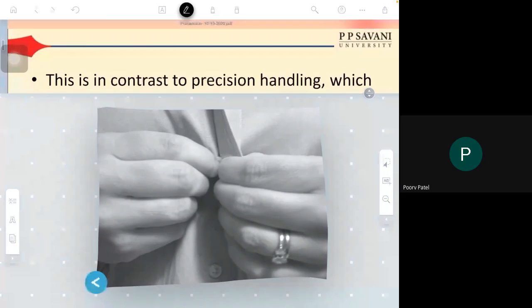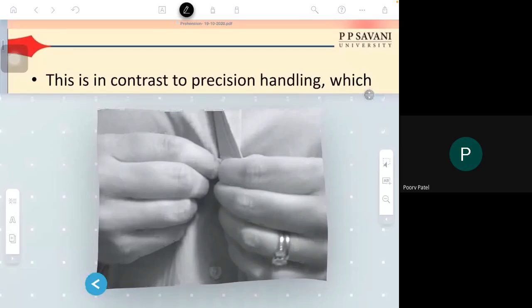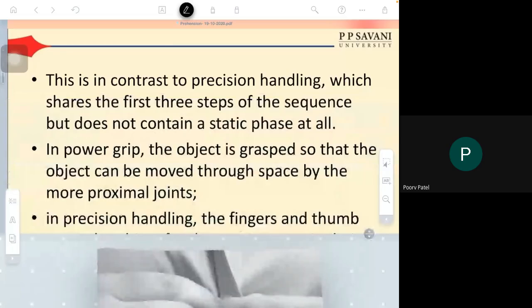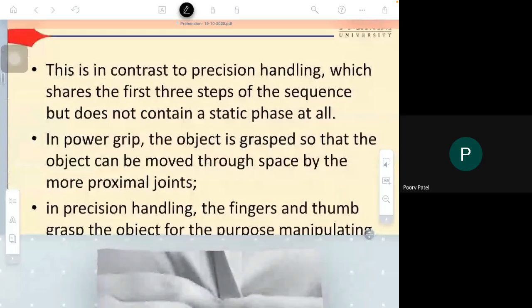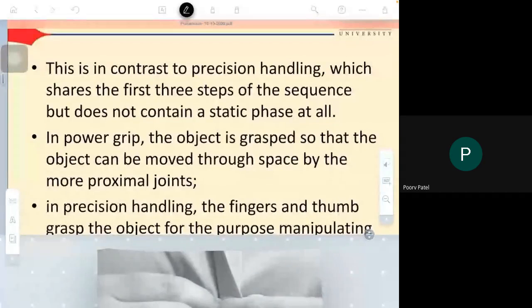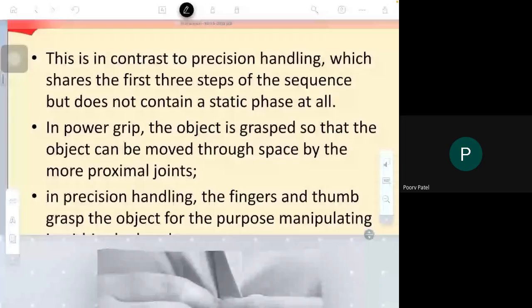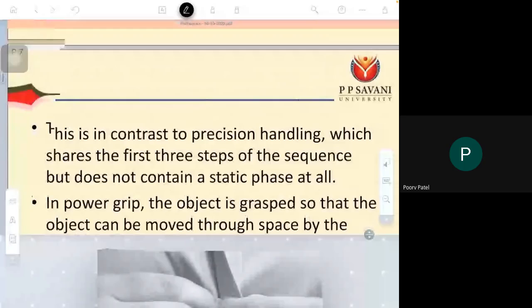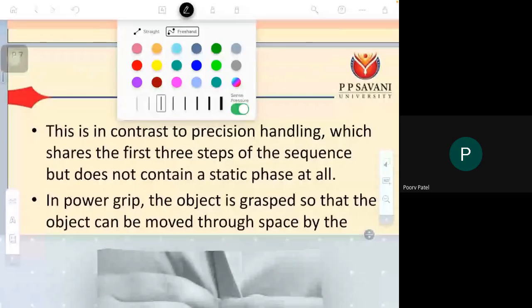You open your button and put up your button. There is no static phase. This is in contrast to precision handling, which shares the first 3 steps. Now we are studying precision handling.